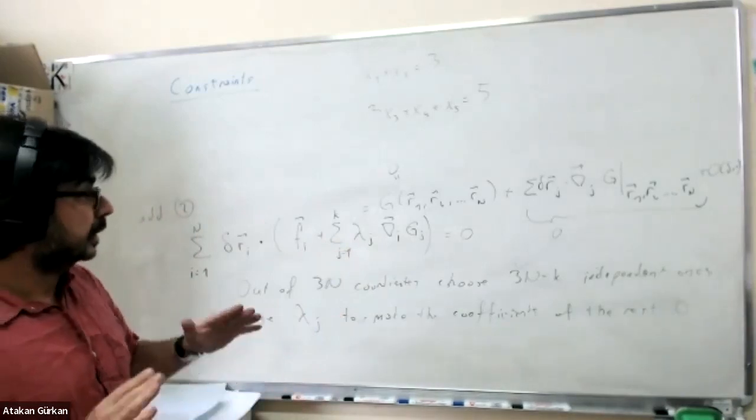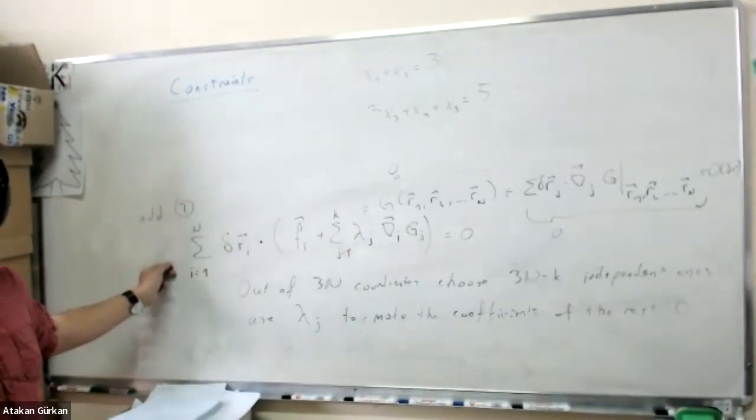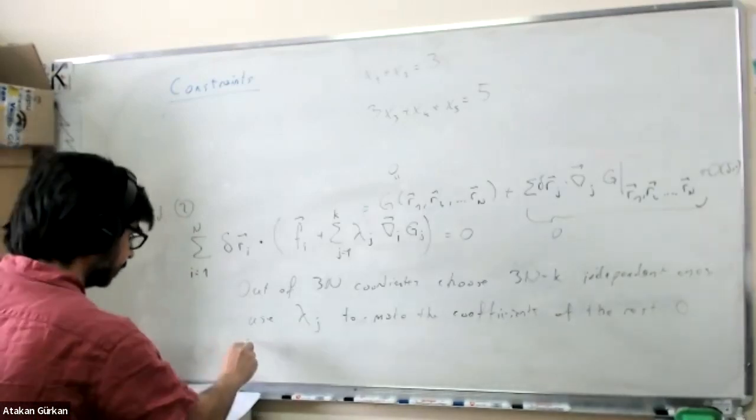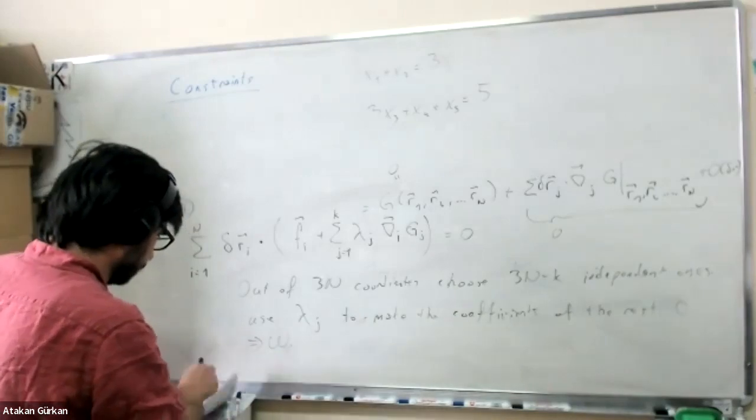Now, if I do that, I'm going to have a sum over 3n minus k terms. Okay? So therefore, my markers are dying on me.